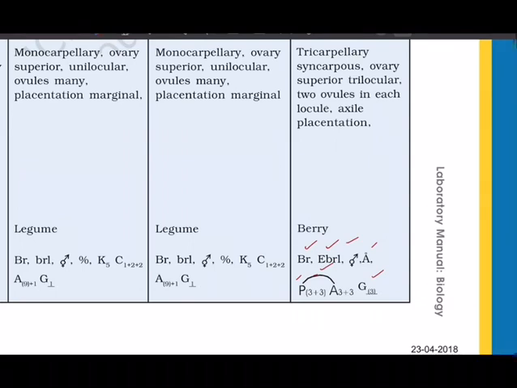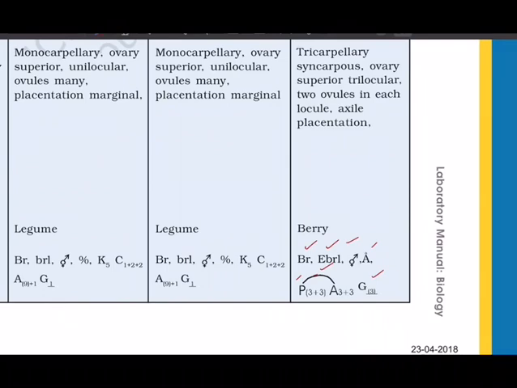That means once you understand everything, write the floral formula correctly. Based on the floral formula you can draw the floral diagram. Once your floral formula is correct, automatically your floral diagram also will be correct. And once your floral diagram is correct, whatever we have described so far will automatically go without saying.